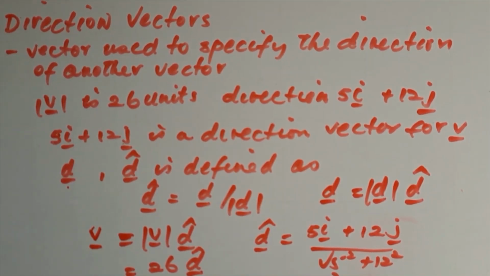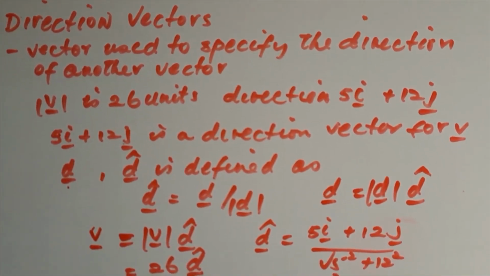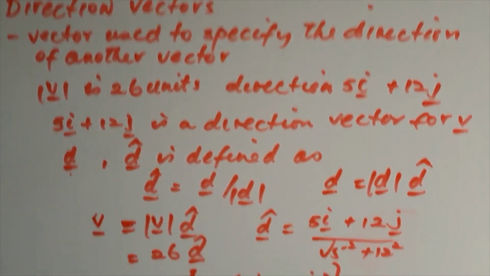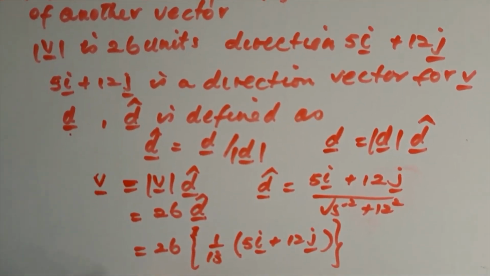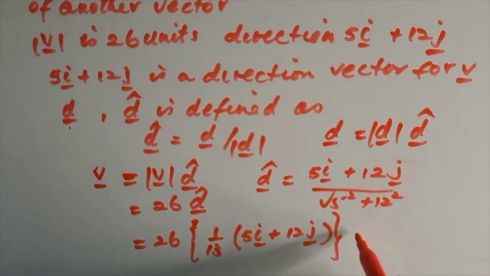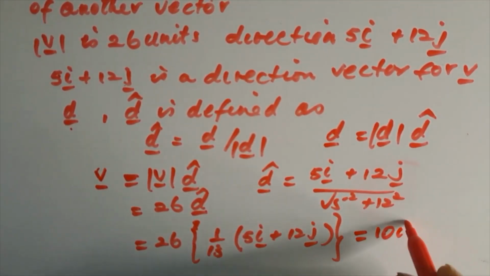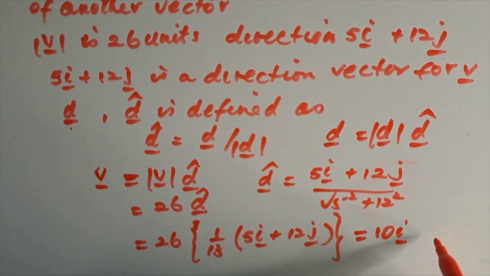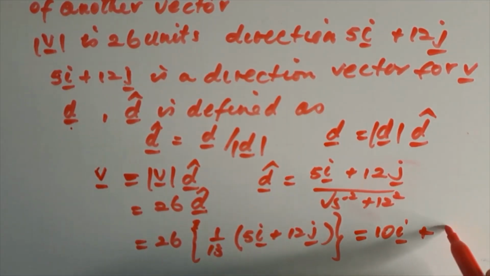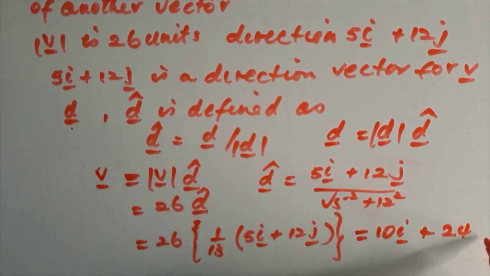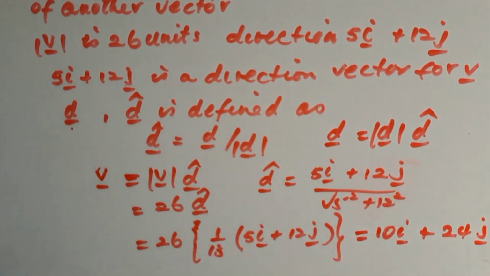Let me just get that on the screen for you. Now this evaluates to give us 10i + 24j.